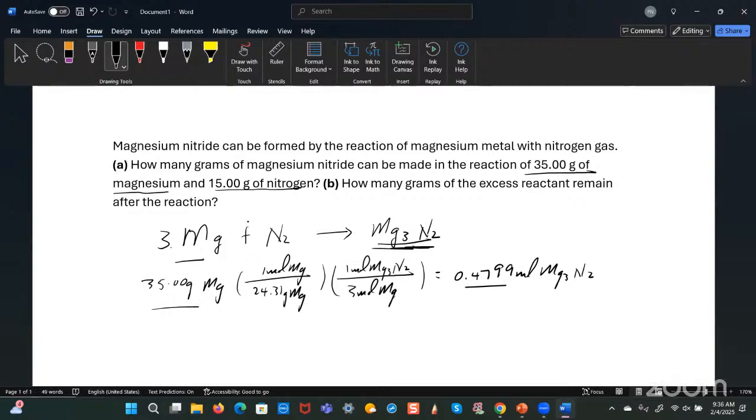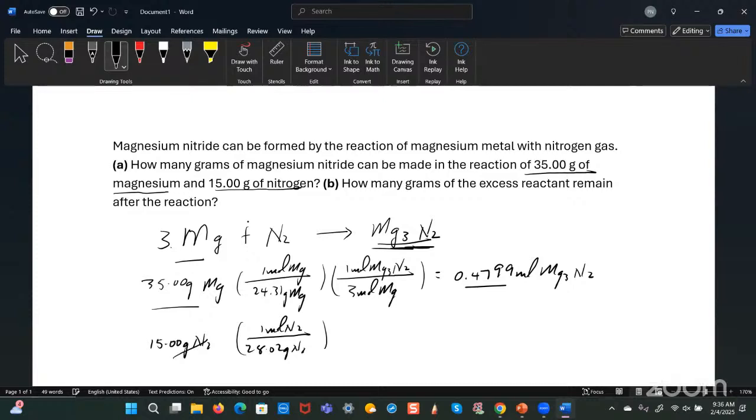So this would be the amount of magnesium nitride you expect to get based on this mass of magnesium. Now, we're going to do something similar, starting with the 15.00 grams of nitrogen, all right? So like we did before, we have to convert that mass into moles. So 1 mole of nitrogen will be up top, and the molar mass of nitrogen is 14.01 times 2, which would be 28.02 grams of nitrogen.